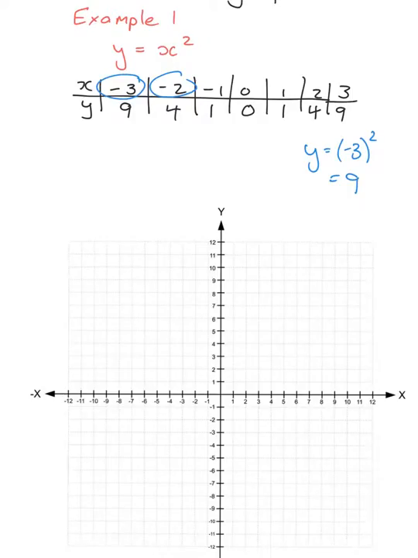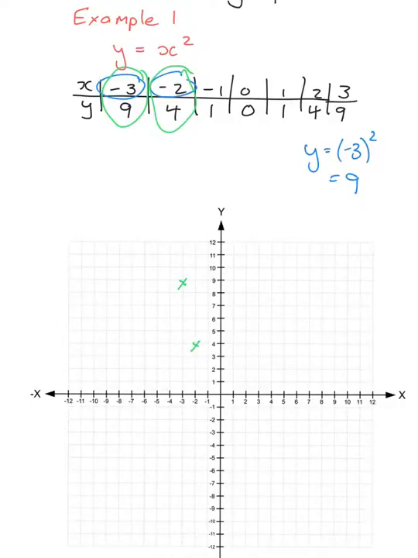I now have some points that I can plot on the Cartesian plane. The first point I can see is that when x is -3, y is 9, here. When x is -2, y is 4: -2 across, 4 up.